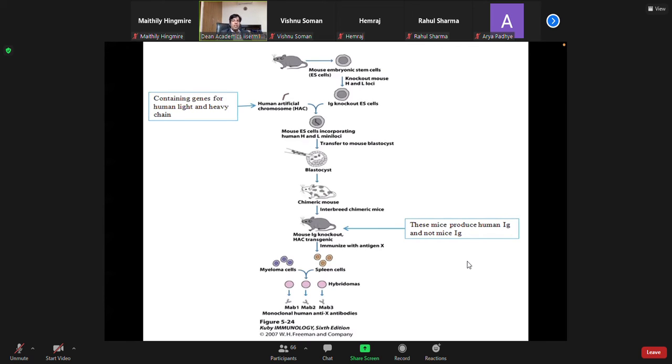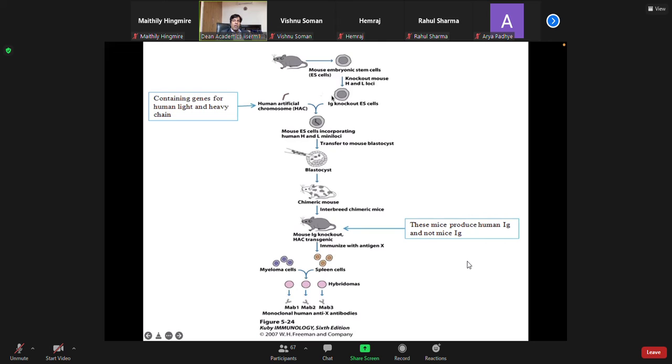So that means this heavy and light chain genetic locus has to come from human, but eventually you are making this antibody in a mouse, right? So there is a way of knockdown of this immunoglobulin gene from these embryonic stem cells. There are different approaches. You have CRISPR-Cas, you have shRNA-mediated knockdown, and many more approaches.